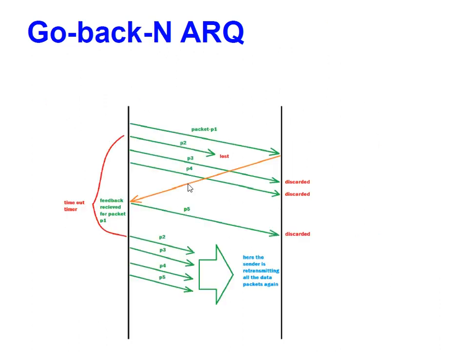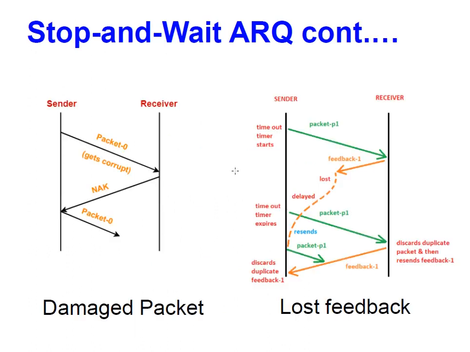Now coming to the stop and wait ARQ, the advantage is that, as compared to the stop and wait protocol, in the ARQ protocol the data packet and acknowledgement have sequence numbers. Here we follow sequence numbers.